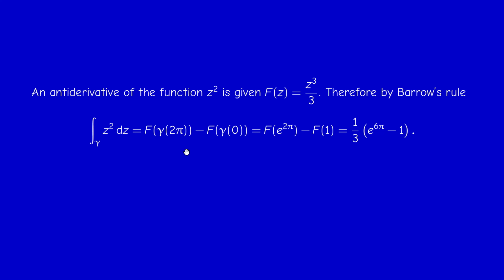And I get this result, 1/3 e to the 6 pi minus 1/3. So you see that it's very, very easy to compute complicated integrals when we have an antiderivative. But once again, not all functions possess an antiderivative, and I will give you examples later.